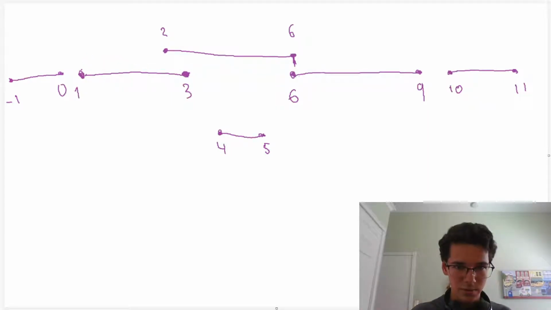If 1 were to be all the way over here, then 3 would also have to be all the way over here. And similarly, if 3 were all the way over here, then 1 would also have to be all the way over there. So there is some overlap in some way.